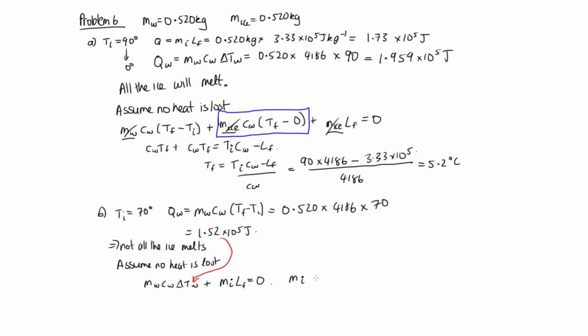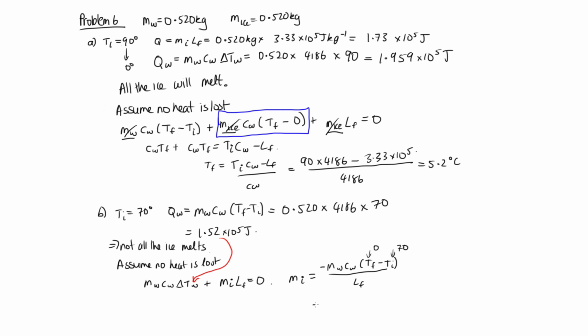So we have the mass of ice is equal to the mass of water times the heat capacity of water times the final minus T initial, and this is negative because we've moved it over to the other side, divided by LF. But the final temperature is 0 and the initial is 70. So overall, we're going to end up with a positive number on the top.